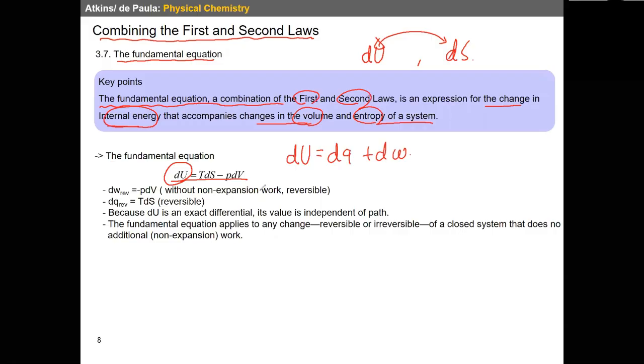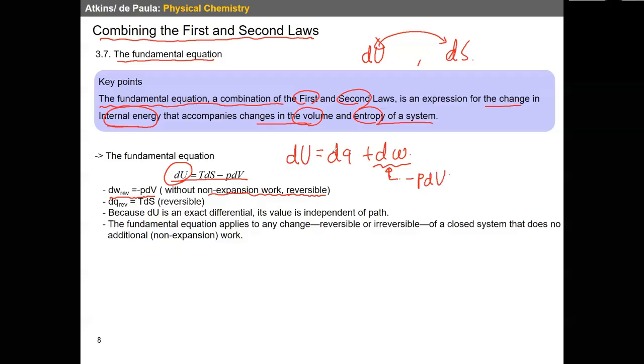For a reversible process without non-expansion work, we learned that dw_rev is minus P dV, from our previous chapters. So we can just put minus P dV.